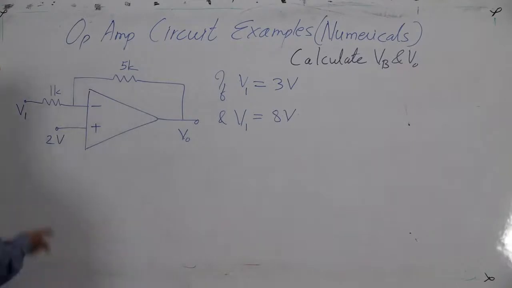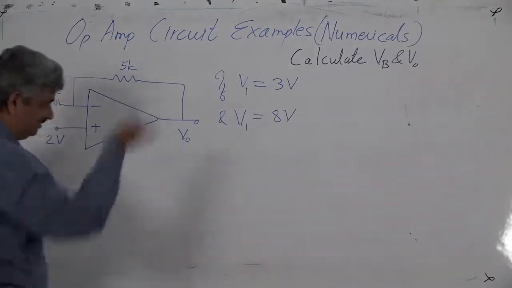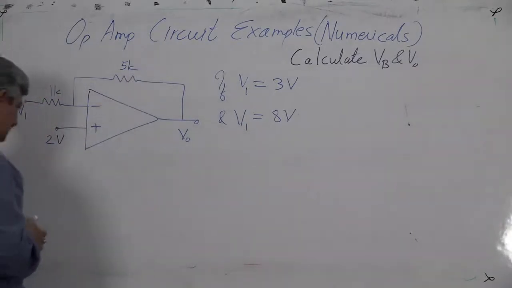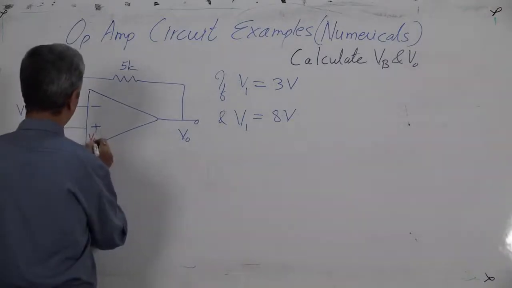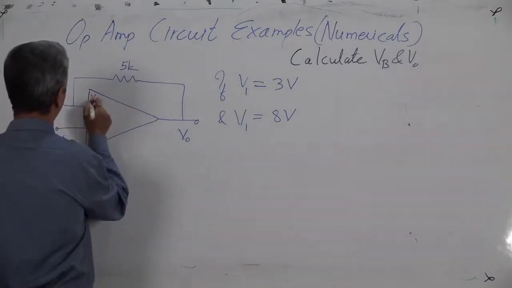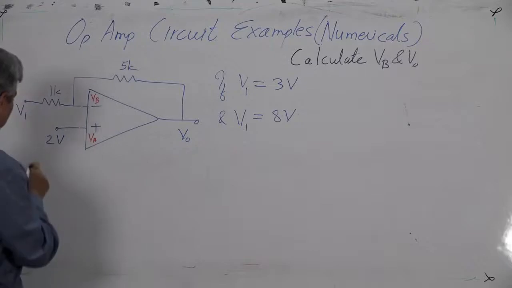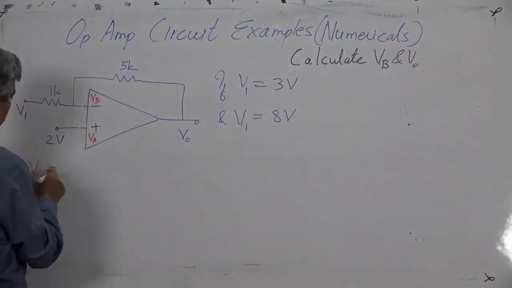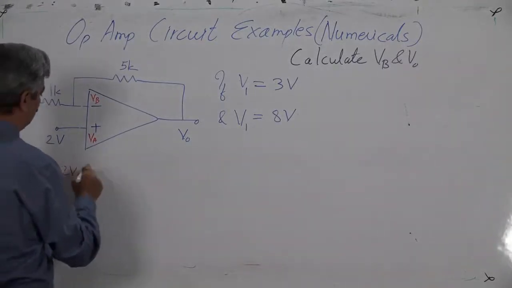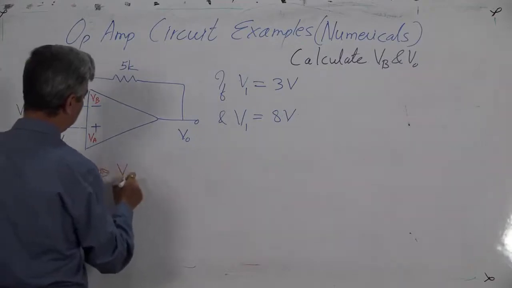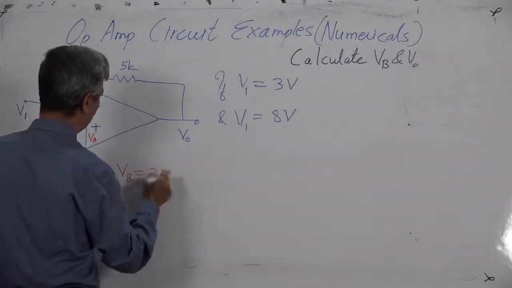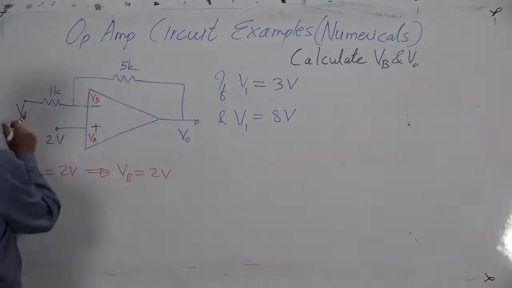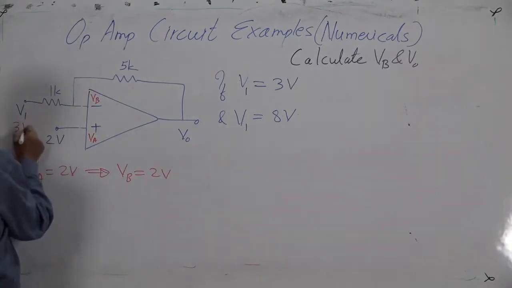There is no point of first and second thumb rules. VA is given directly. Just disconnecting from mind, VA is 2 volts. So, VB is 2 volts. This V1 in the first example is 3 volts.